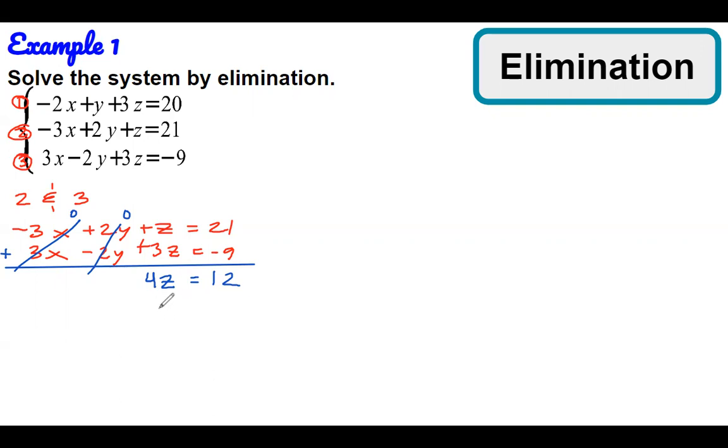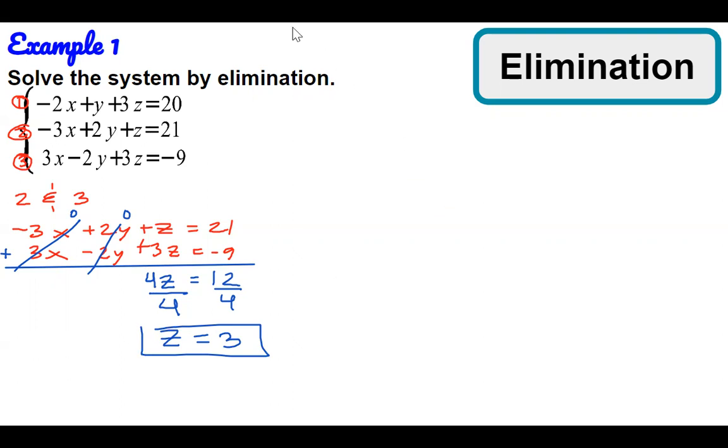Now, for this example, guys, we already have one variable almost solved. So we're going to continue to solve for z. So we have 4 divided by 4. We're left with z equals 3. So we already found z by eliminating 2 and 3. Now we're going to do the same with our next equations.